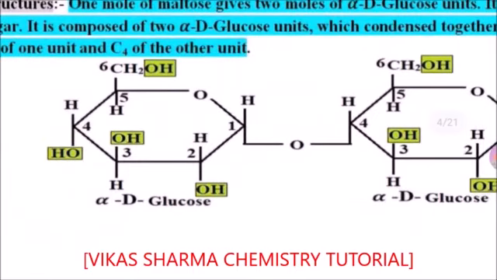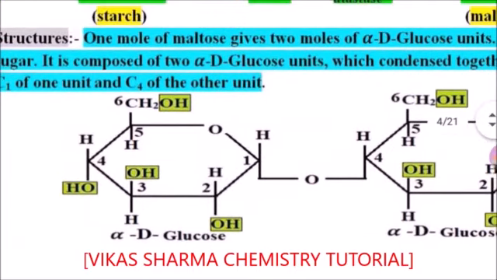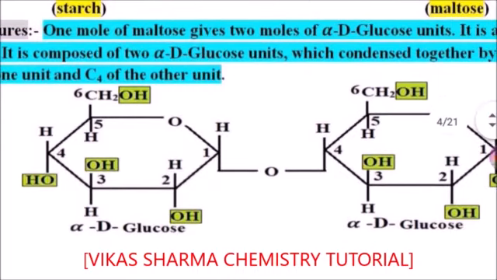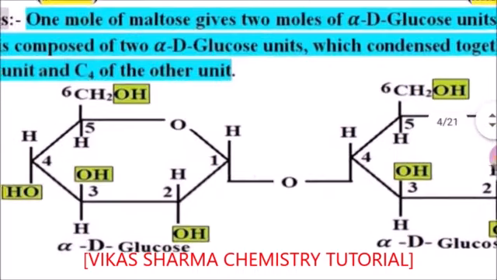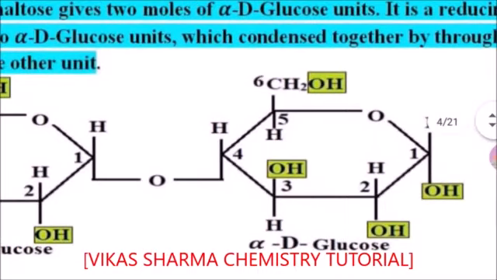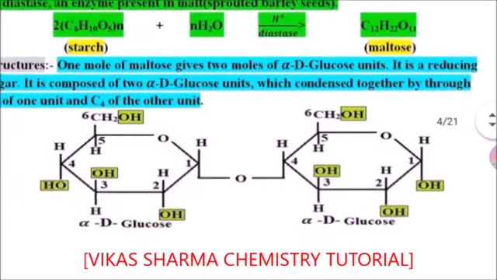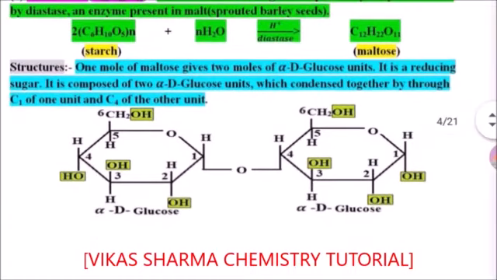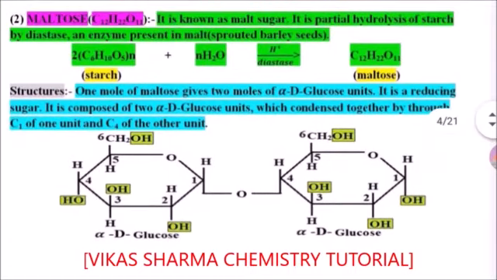The alpha D glucose units are joined by the glycosidic linkage. The carbon 1 atom of the first alpha D glucose is attached to the carbon 4 atom of the other alpha D glucose unit. So you have seen the hydrolysis product of maltose.